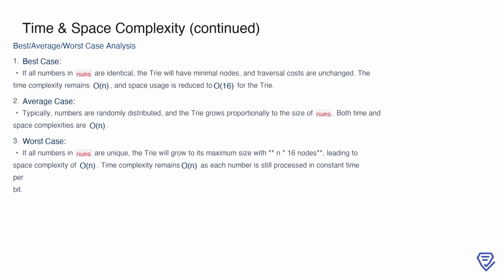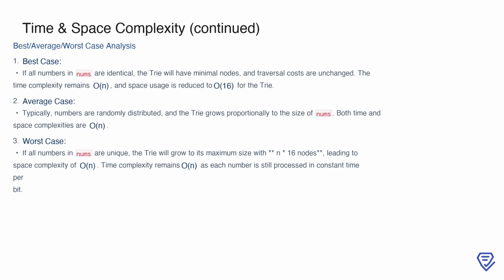When we analyze the best, average, and worst cases of this solution, the efficiencies remain consistent. In the best case, where all the numbers in the array are identical, the tree will have minimal nodes, as repeated numbers do not create new paths. The traversal cost for each number is unaffected, so the time complexity stays n, but the space usage drops to 16 for the tree.